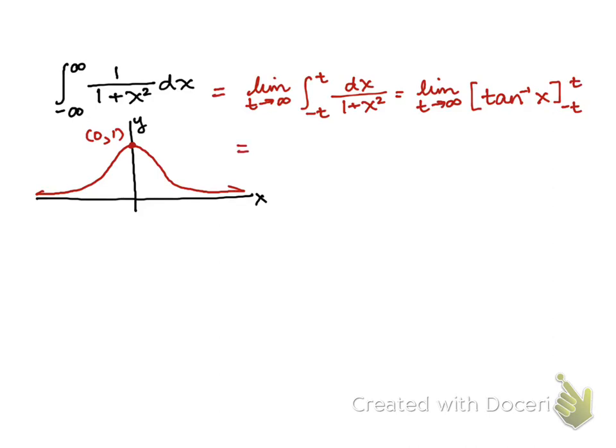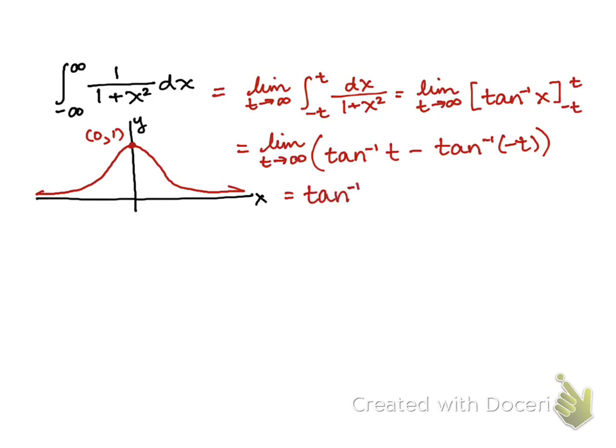Okay, so that's going to be the limit as t approaches infinity of the angle whose tangent is t minus the angle whose tangent is negative t. Or the angle whose tangent is infinity minus the angle whose tangent is negative infinity.